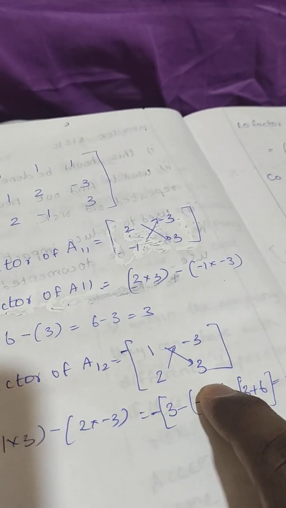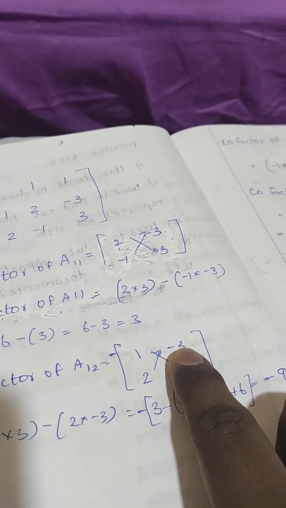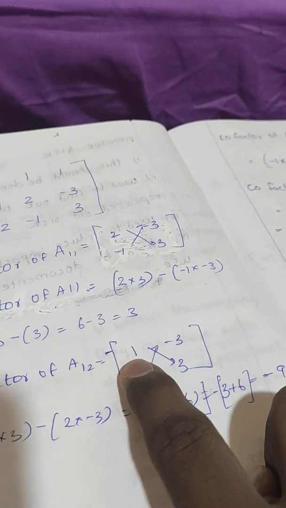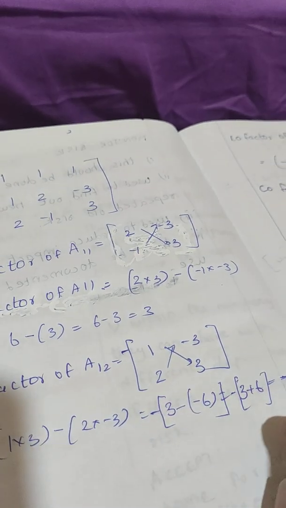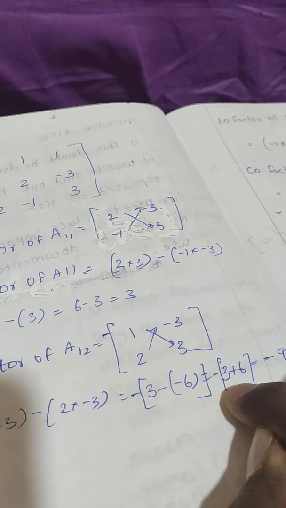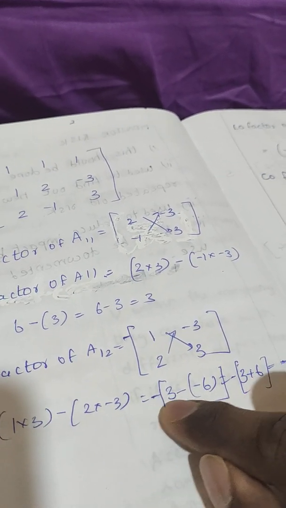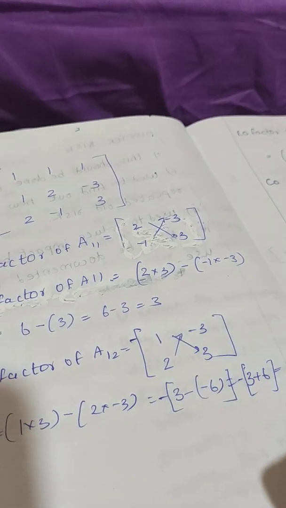I multiply the respective elements in the opposite directions to determine the cofactor. 1 into 3 minus 2 into minus 3.